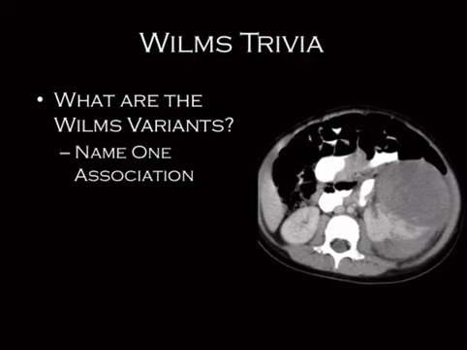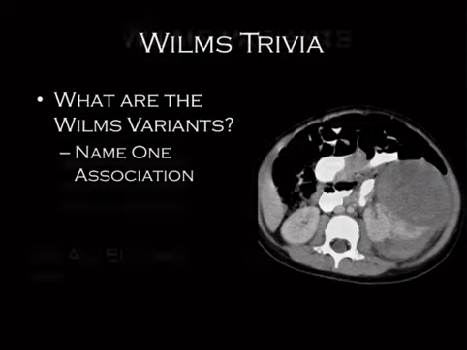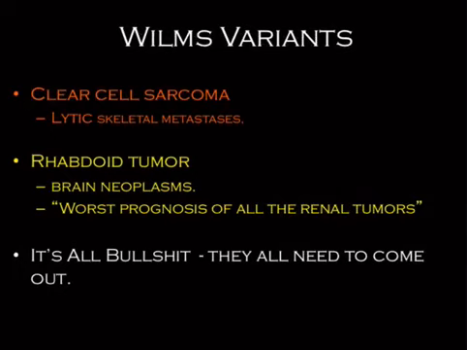Clear cell likes to go to bone, and rhabdoid has these rhabdoid brain tumors, which are devastating WHO grade 4 tumors that crush you and have a terrible prognosis. Therefore the rhabdoid tumor has the worst prognosis because it's associated with these brain neoplasms. It's basically a GBM. Now, it's all irrelevant because they all come out and you don't biopsy them, so distinguishing between them is a pathologist's problem to tell the difference.